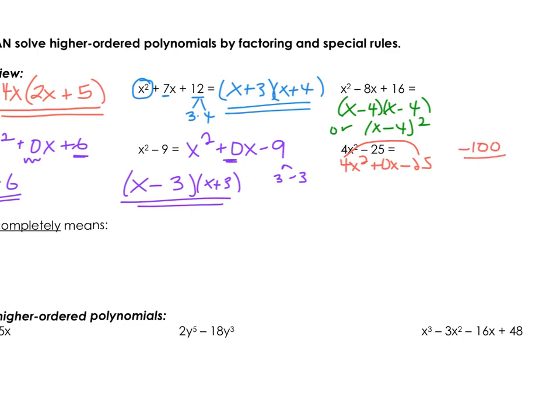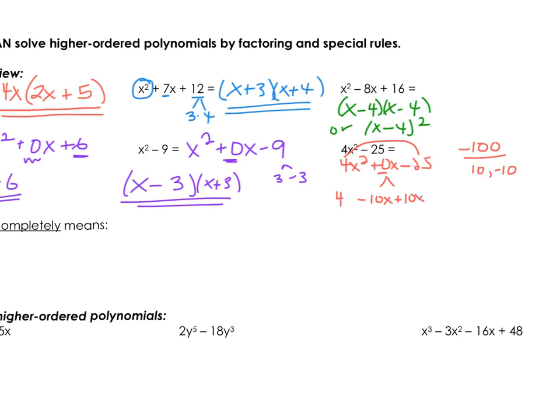Now what could we split negative 100 into with two factors that multiply to get negative 100 but add to get 0 in the middle? We would have to use positive 10 and negative 10. So when I split that b value, I'm going to put the negative first, negative 10x plus 10x. Technically, they cancel out to get 0 in the middle, which is what we wanted.